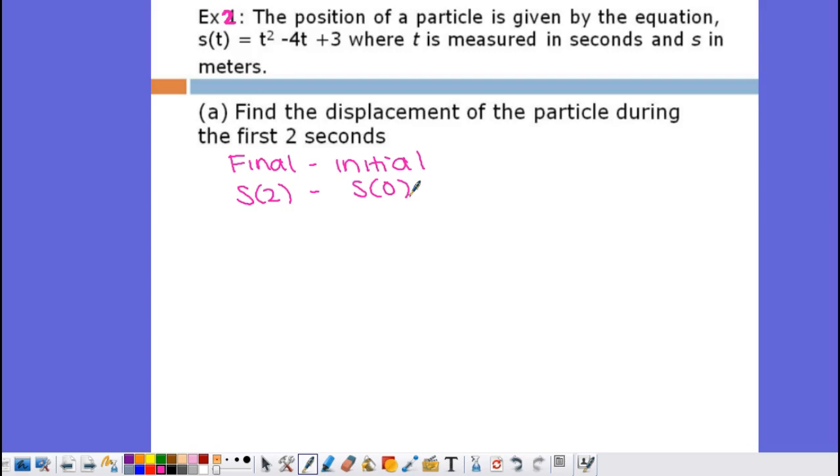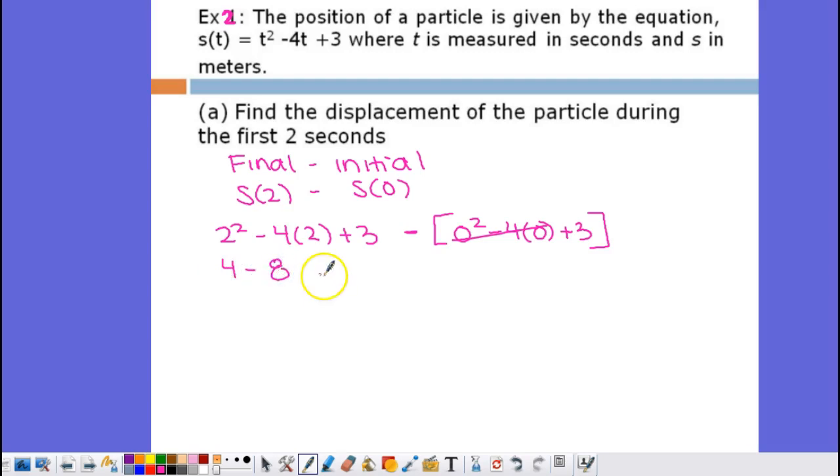So S of 2 would be 2 squared minus 4 times 2 plus 3, minus 0 squared minus 4 times 0 plus 3. So we get 4 minus 8, because again, assume no calculator. 4 minus 8 plus 3 minus 3.